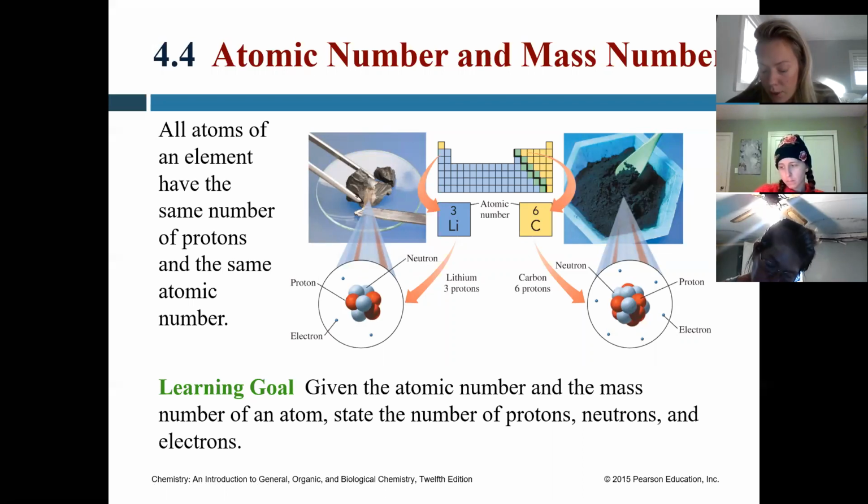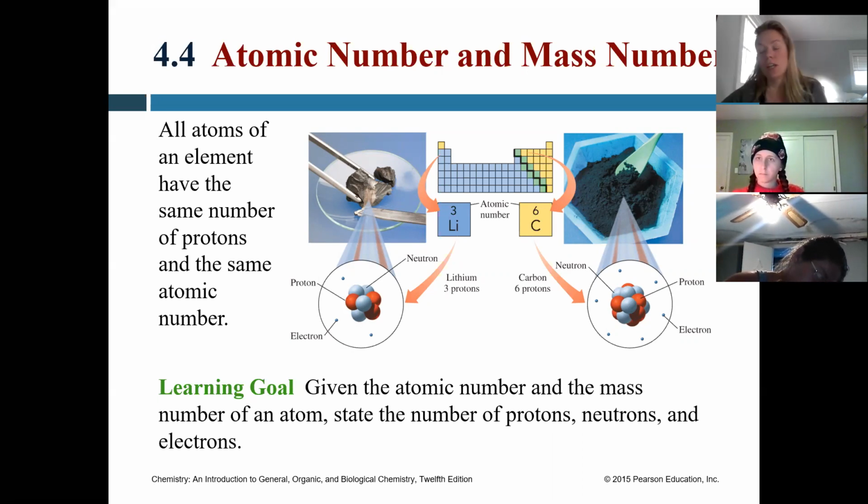So hydrogen has 1 proton. Gallium, number 31, has 31 protons. The number of protons is synonymous with the element. So if you're going to be gallium, you have to have 31 protons. We can mess around with the number of electrons and we can change the number of neutrons if we're an isotope. We cannot change the number of protons. If you change the number of protons, you are now a different element.